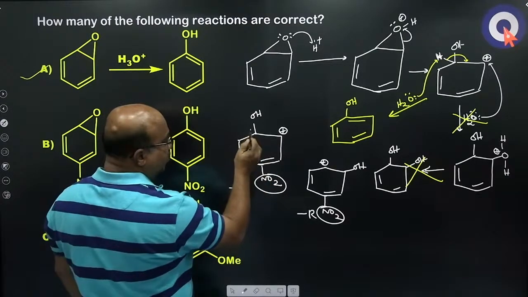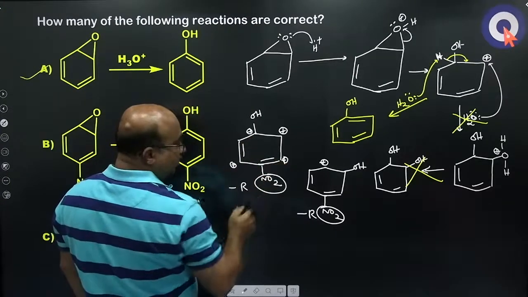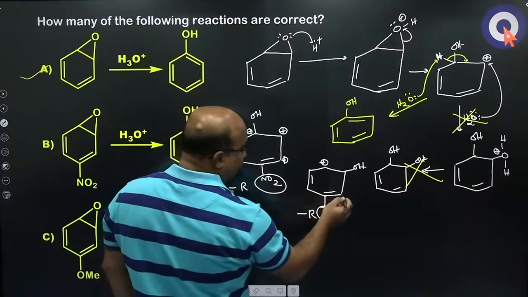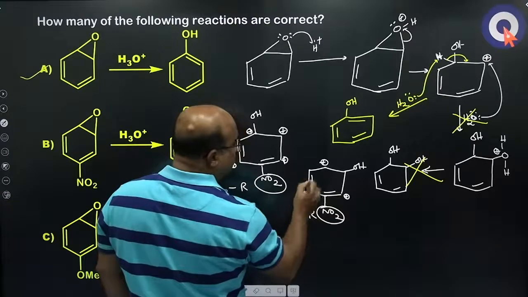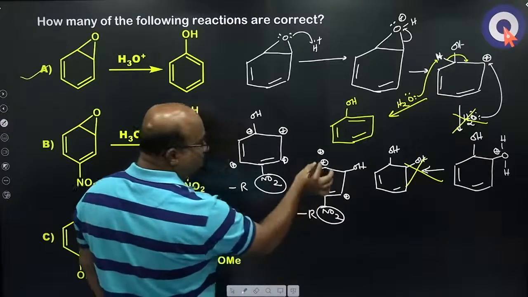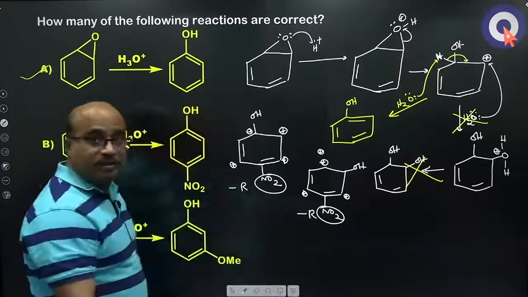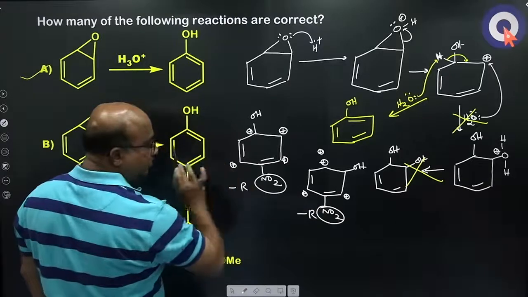It creates it at the ortho and para positions. So positive charge is created here and there and here. So the same carbon is getting the positive charge because of the minus R effect of this. So what will happen? This will become unstable compared to this.